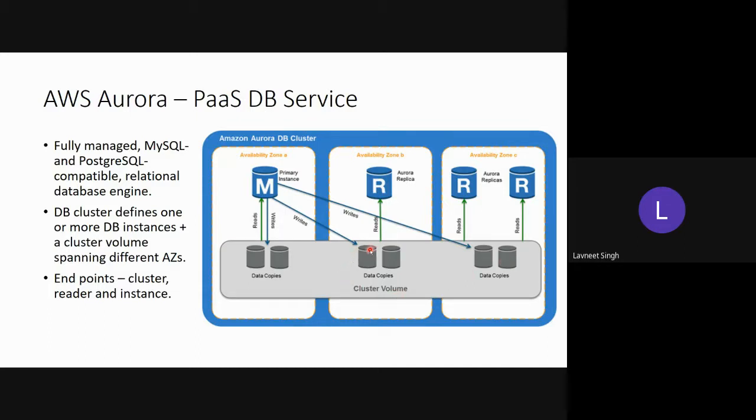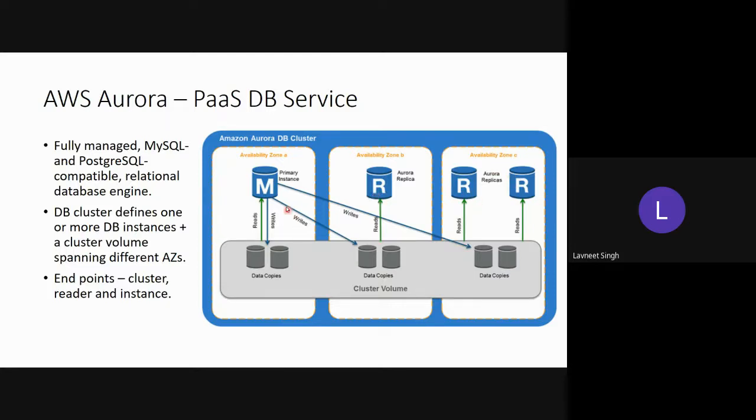So the write is happening to a database disk, or what you say is a volume, and that volume is connected together through fiber optics cable, because these are in the same database cluster. So they have high fast write capabilities to the zones, and then you can use these replicas for reading purpose.